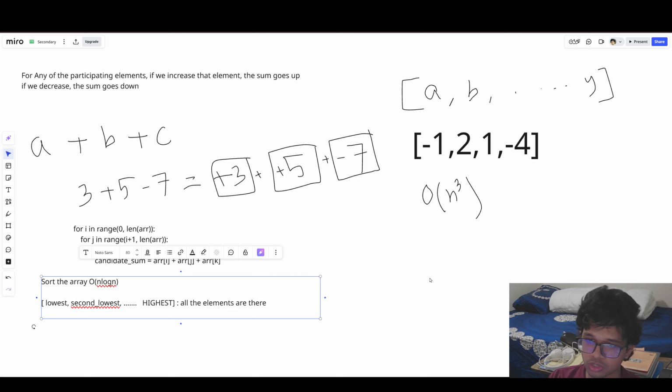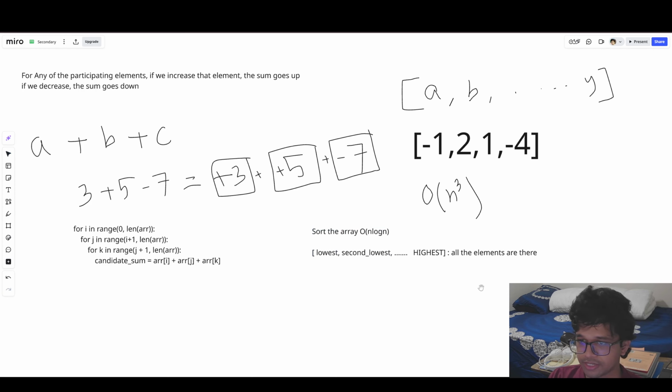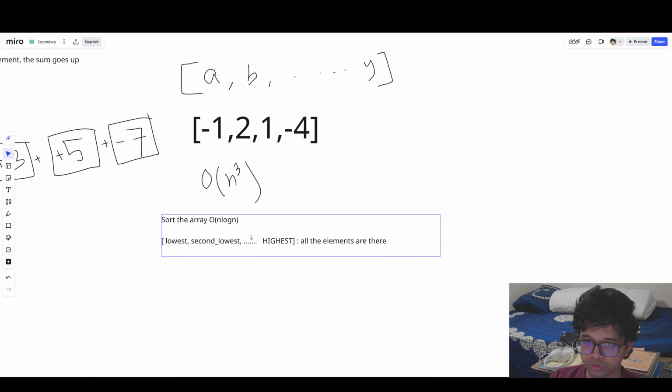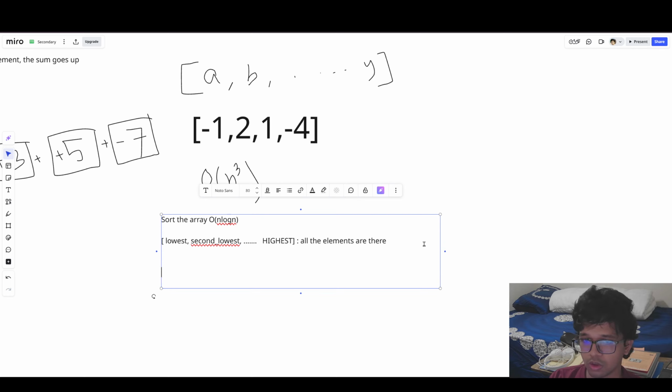And we can use a trick here. For our candidate sum, we have three elements for a sum, right? Triplets. Let's just denote them A plus B plus C, and we want to find every possible triplet.